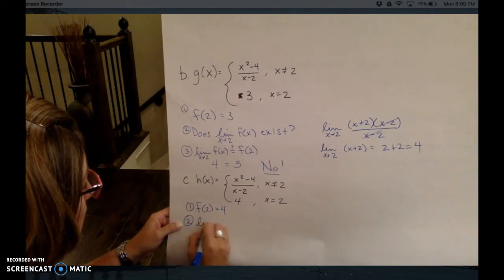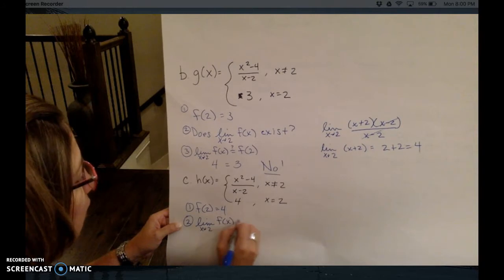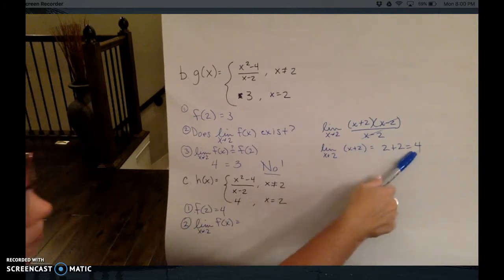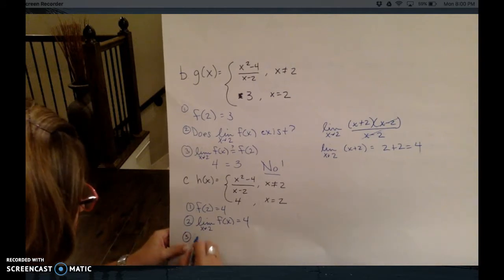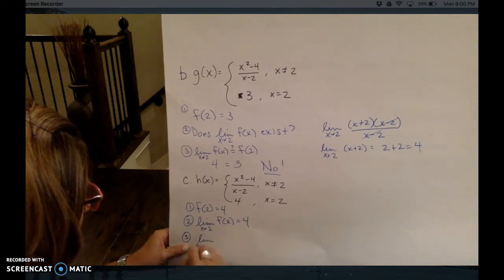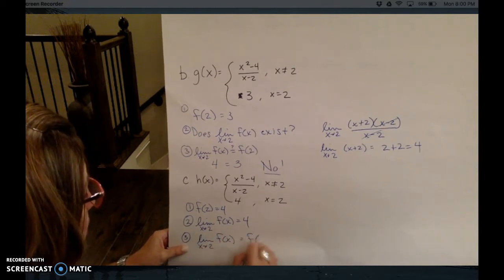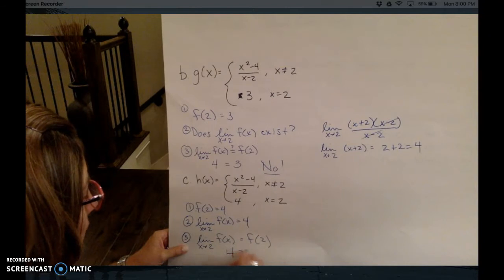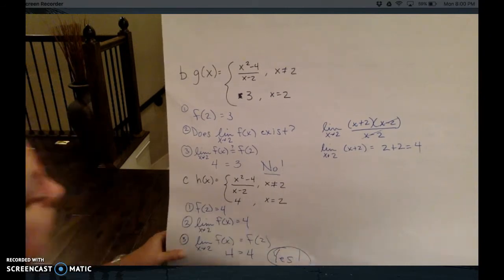Number 2 condition, the limit as x approaches 2 of f of x. We already found it. We did it up here. We don't need to reinvent the wheel. It is 4. Number 3, does the limit as x approaches 2 of f of x equal f of 2? 4 equals 4. Yes.